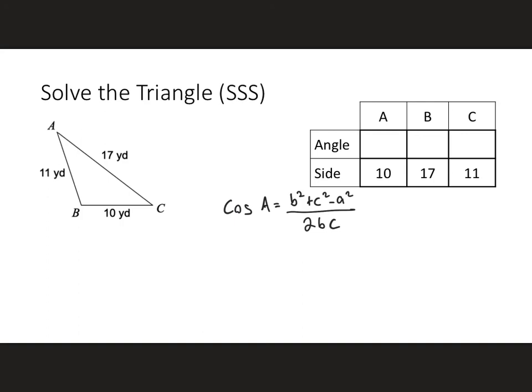Now, filling in the information I have in my table, I can get. Now, if I solve this, it actually will be easier if I keep it in fraction form.